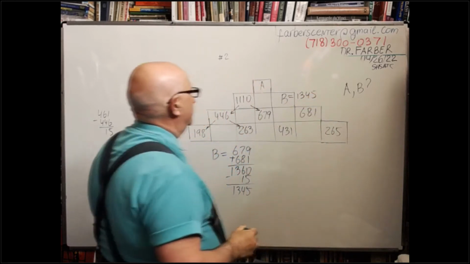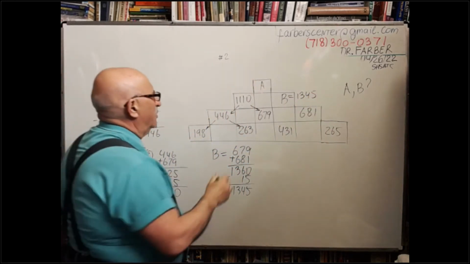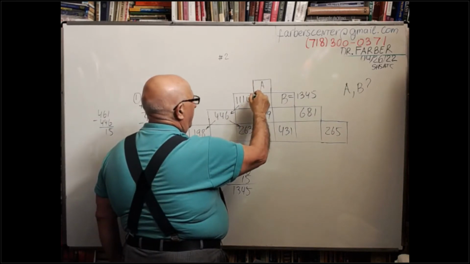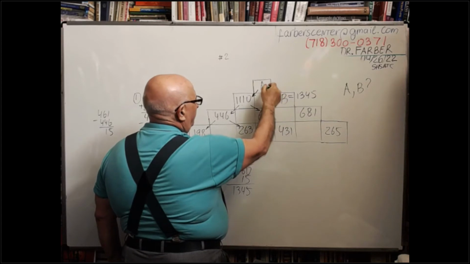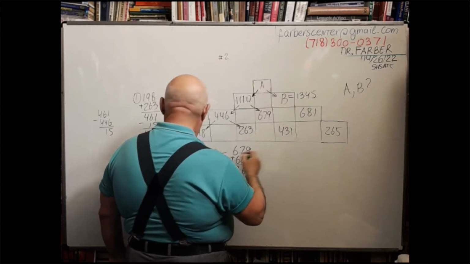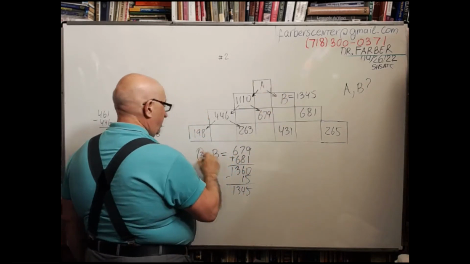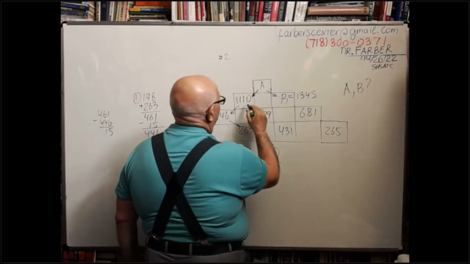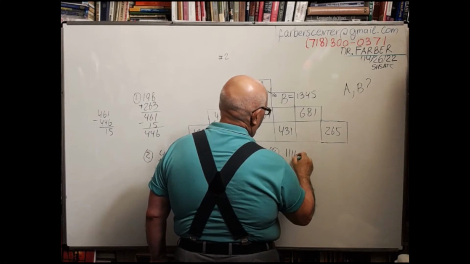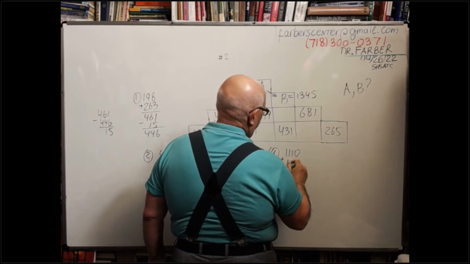Now, students, look at this. I have two numbers beneath. How to get A? This is step number 3. Step number 4. 1110 plus 1345.